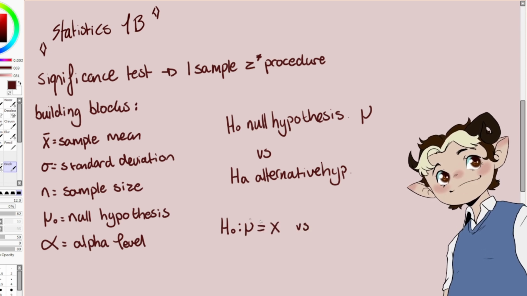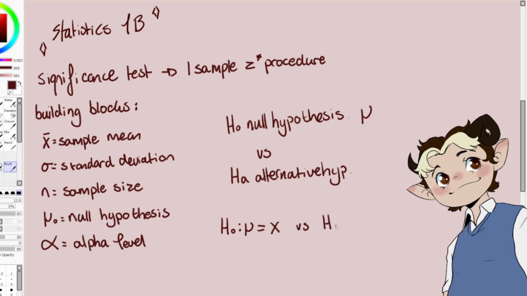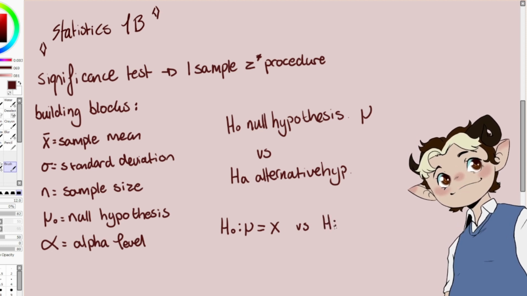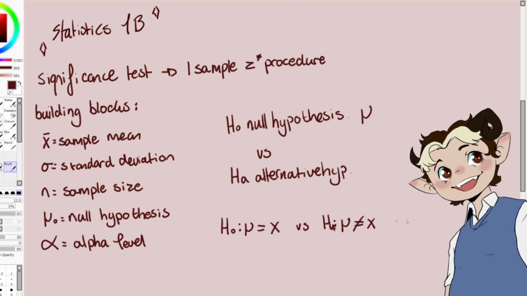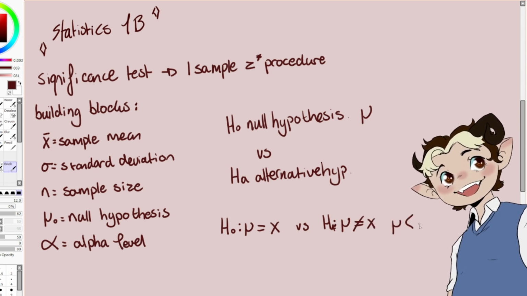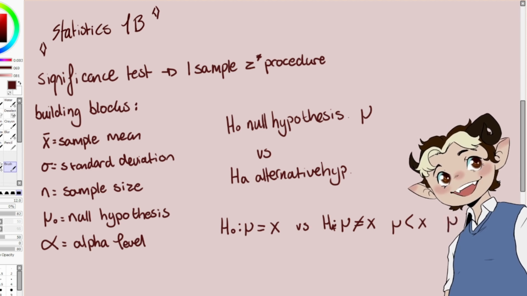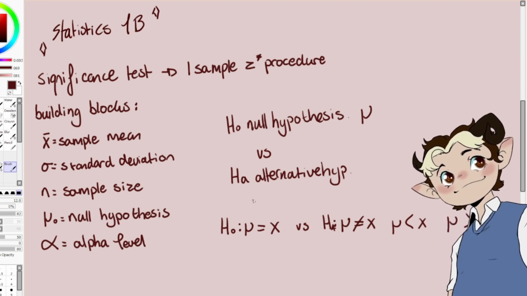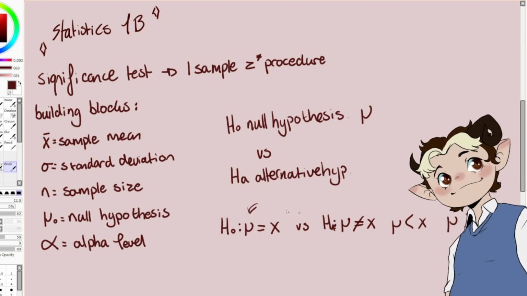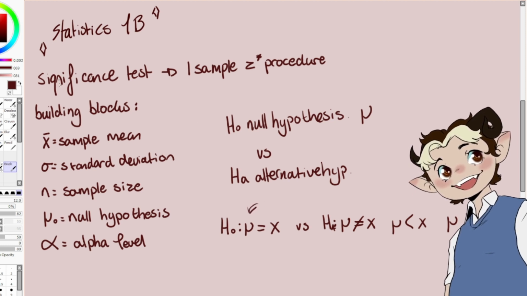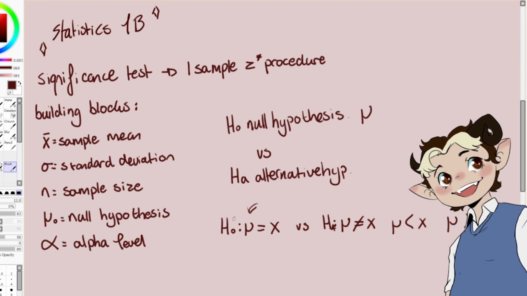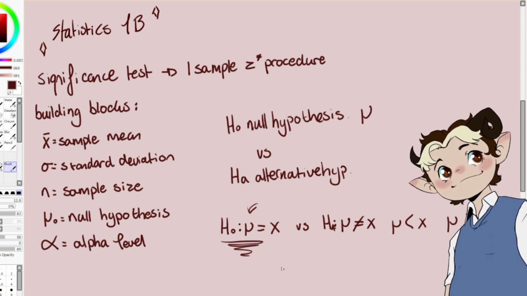And we look at our alternative hypothesis, which is mu isn't that, or mu is smaller than that, or our mean is larger than that. It's basically just looking at this and saying no. The entire goal of the significance test is basically just disproving the null hypothesis.